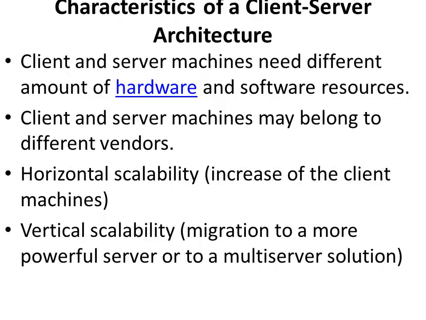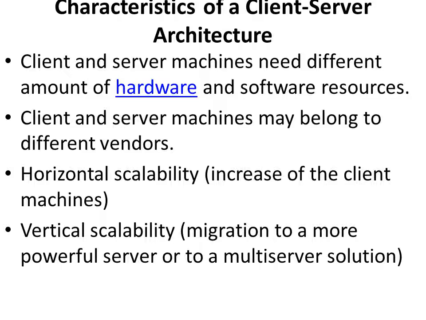For example, the client can be a web browser, Mozilla Firefox. The server can be a web browser, Google Chrome. So different vendors are possible for the client and servers. It need not be the same vendor for client and server.